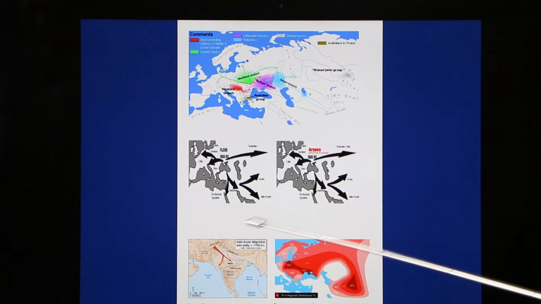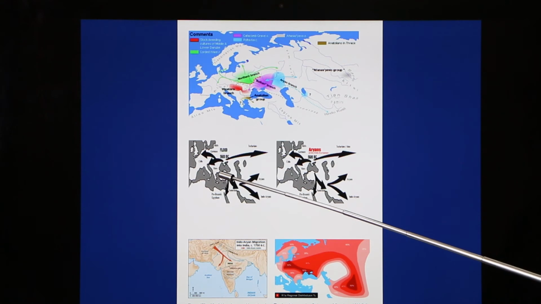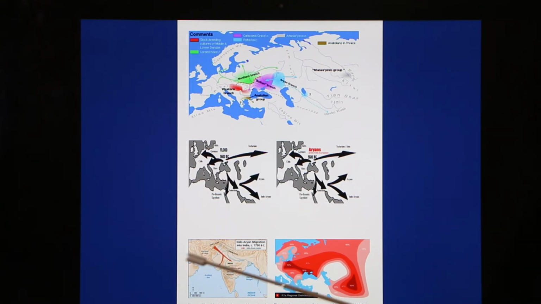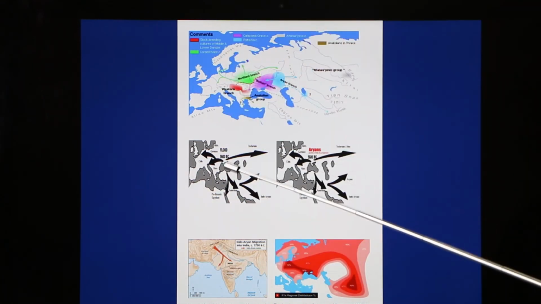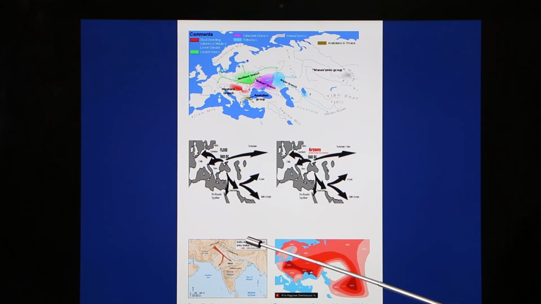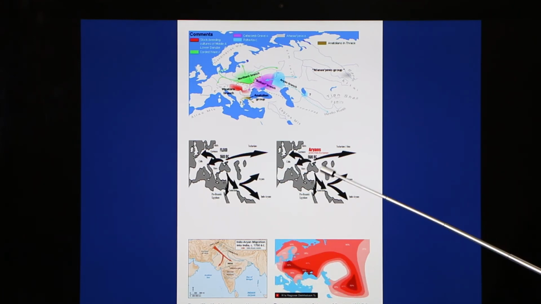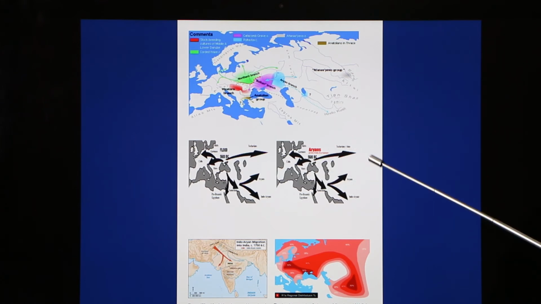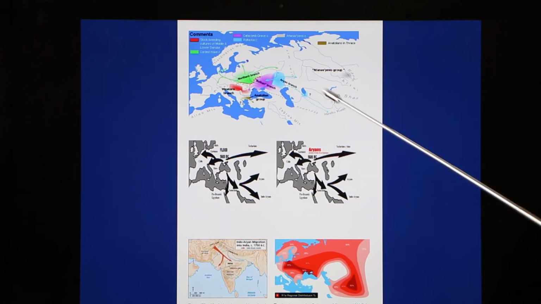And when we look at the stories of the flood for this area, we see that around 5,600 BC, the people spread out all over the place. And if we look at the stories of peoples and populations, we're told that the Aryans spread out all over the place around 5,600 BC.